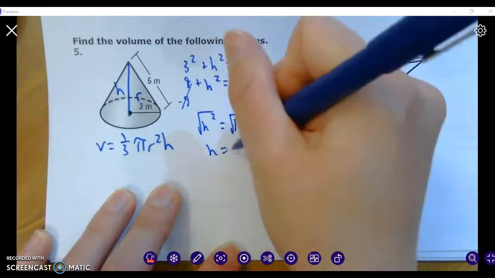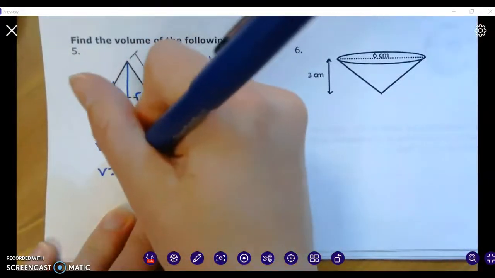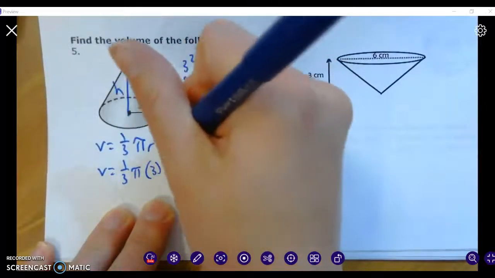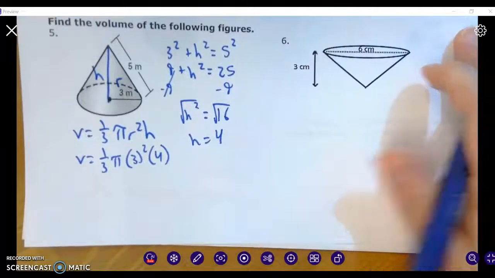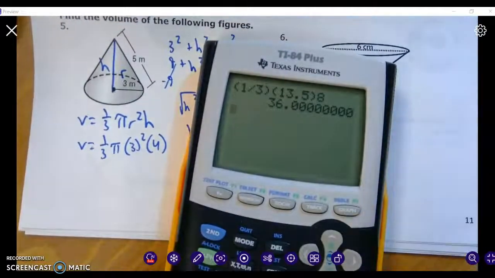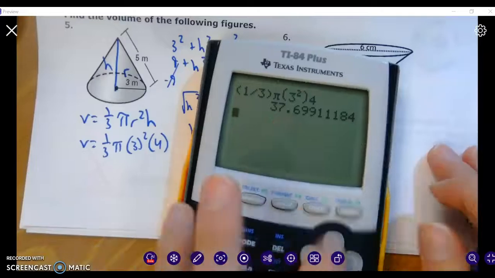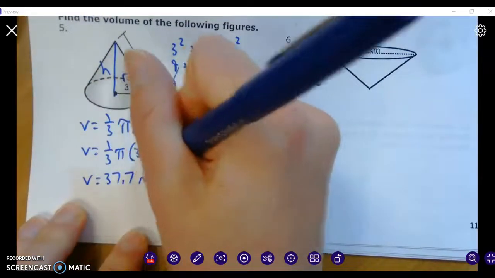So our height is 4. Okay, and then plug all that in. Our radius was 3 squared. Our height is 4. And then type that into your calculator. So I'm going to round that to 37.7 meters cubed.